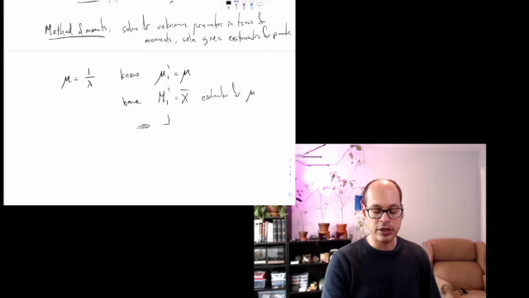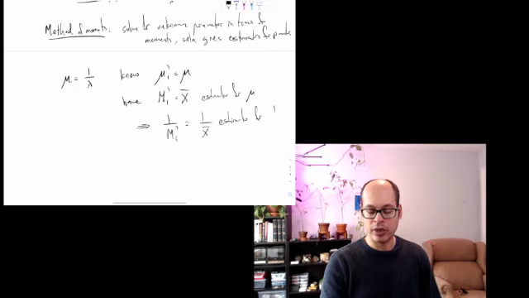That's going to tell us that 1 over x bar is going to be our estimator for lambda. Okay.